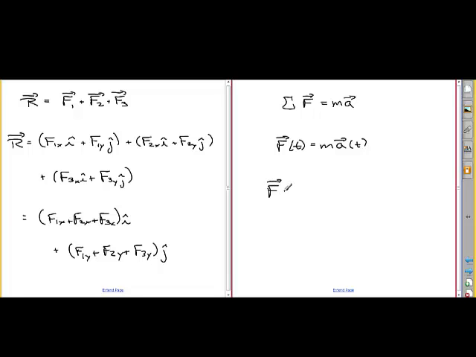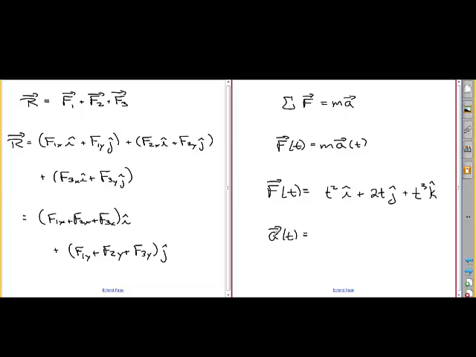What would a force look like that has a time component? Well, you might have something like t squared times the i unit vector, and 2t times the j component, plus t cubed times the k component.